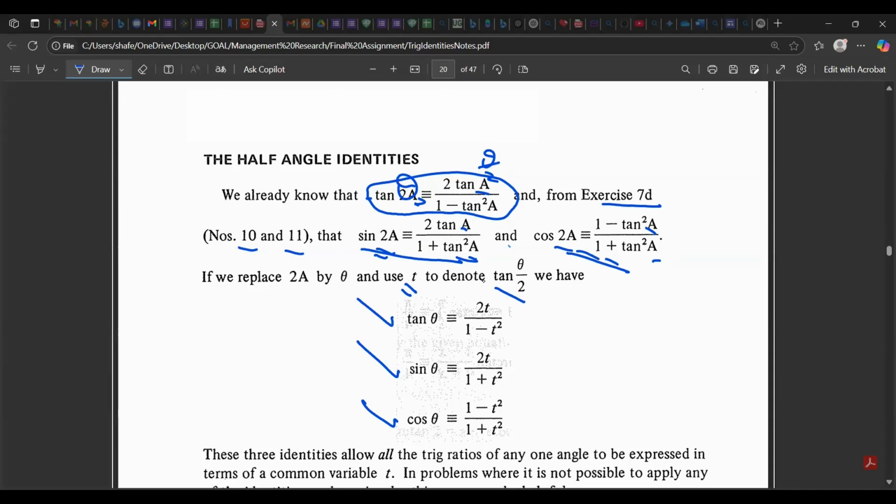If we have an equation with sine, cos, and tan inside, we could change that into an equation with just t inside. And we can solve equations with just one unknown. So that's what we're going to do here. So we have tan, sine, and cos written in terms of little t. Let's see how we can use them.